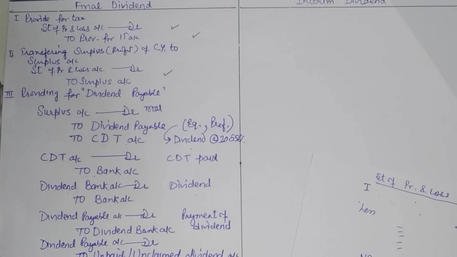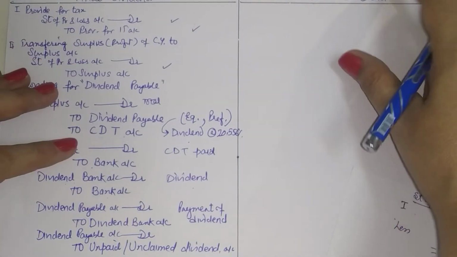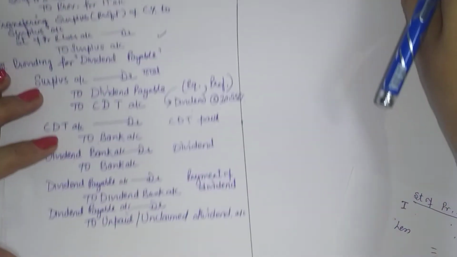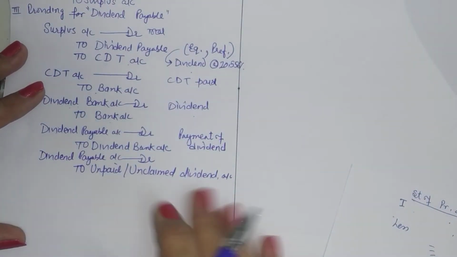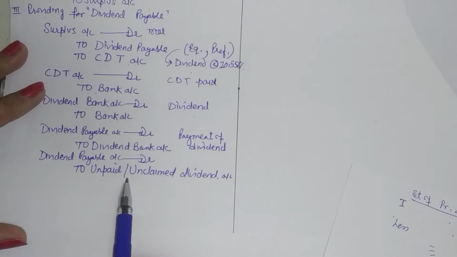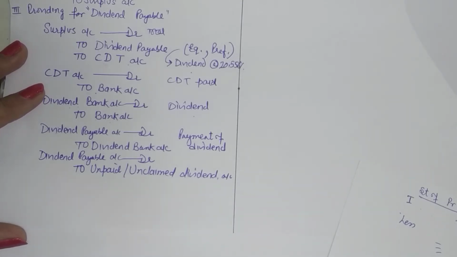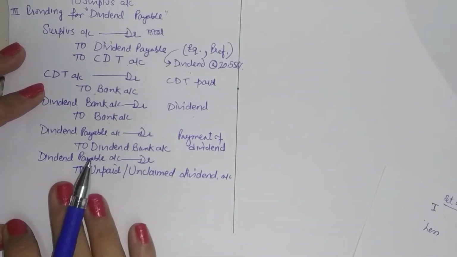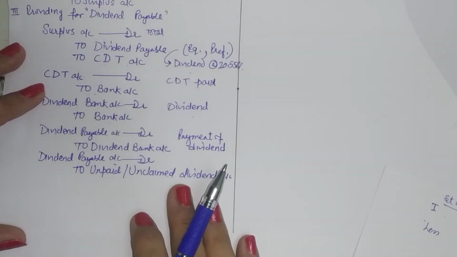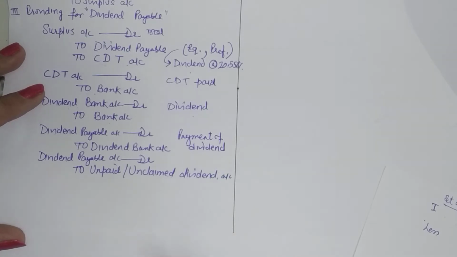Now, as a rule, you are to work out this transaction within 5 days. So if you are not able to transfer the relevant amount into this account within 5 days, then the company attracts a penalty of 12%. Now this amount will continue to lie in this account, unclaimed or unpaid dividend account, for a period of 7 years to come.